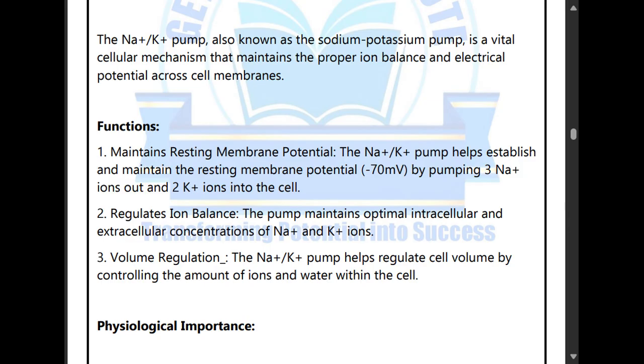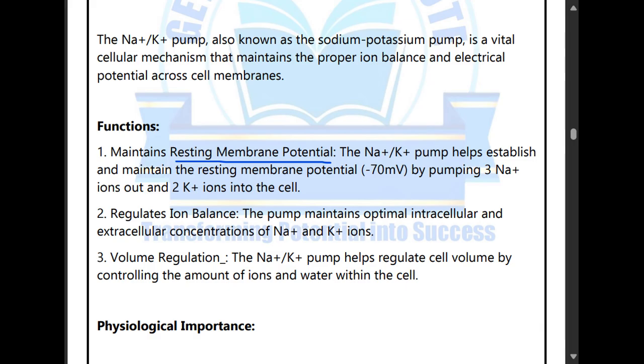So that is where the first function comes in. Number one, it helps in the maintenance of resting membrane potential, as it pumps three sodium ions out and two potassium ions into the cell. Then number two, it helps in regulating ion balance. This pump maintains optimal intracellular and extracellular concentrations of sodium and potassium ions.